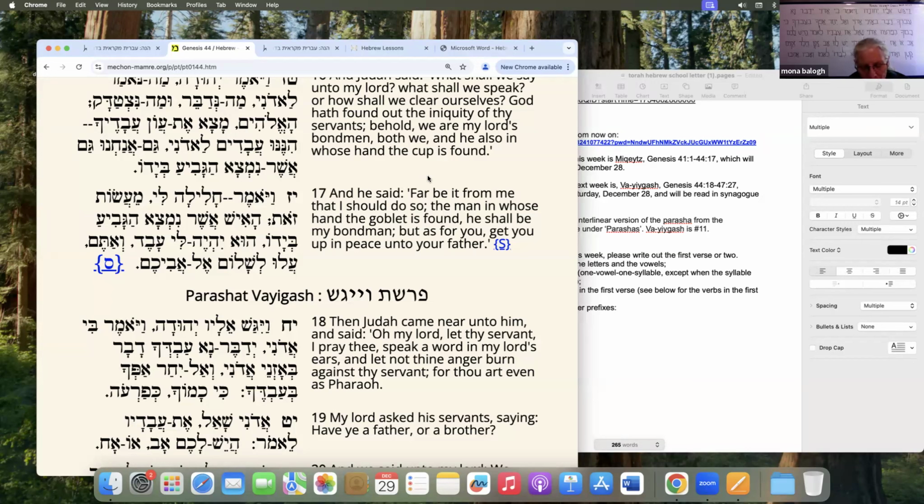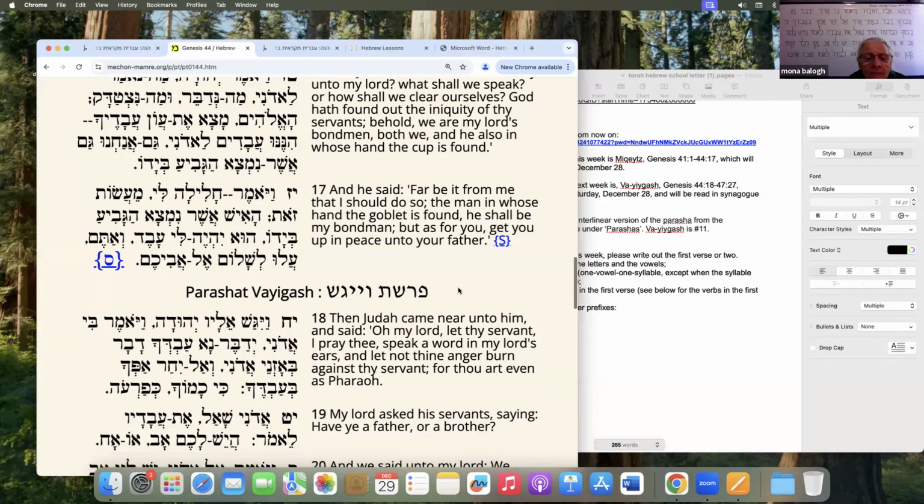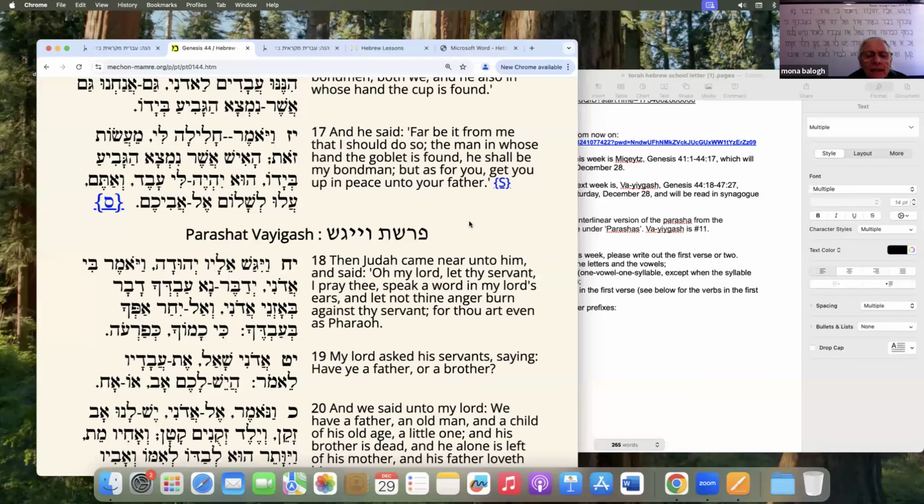Jacob thought, well, my son Joseph is dead, and the only son I have left is Benjamin. Well, what are the other 10? They're chopped liver, as far as he's concerned. Pretty sad. All right, so now that's the setup. These 10 brothers are now bowing down to Joseph, as in his dream.